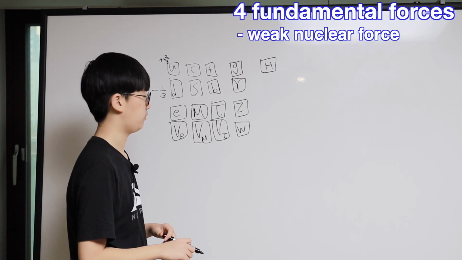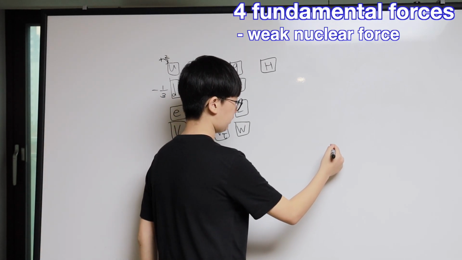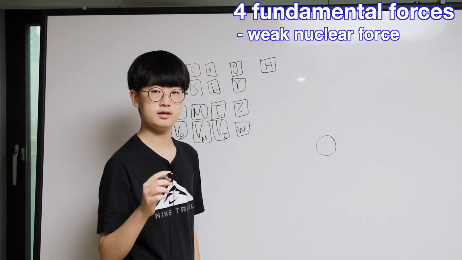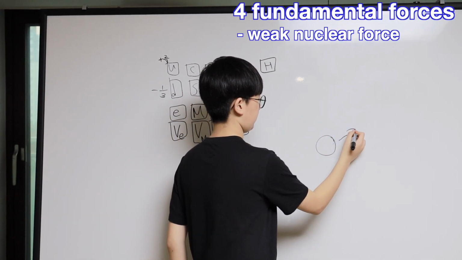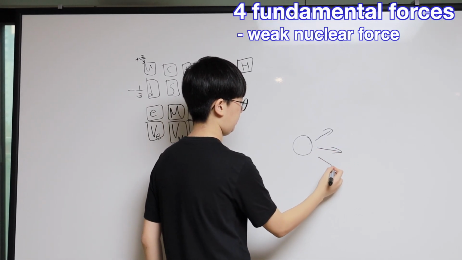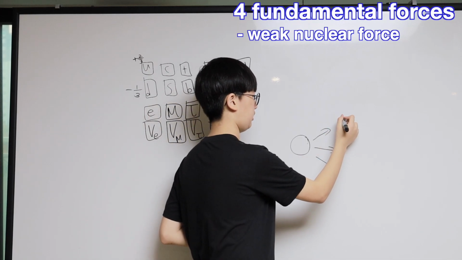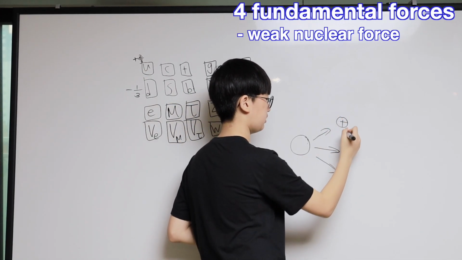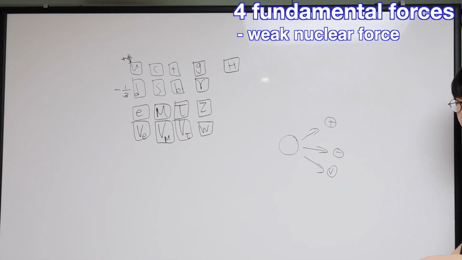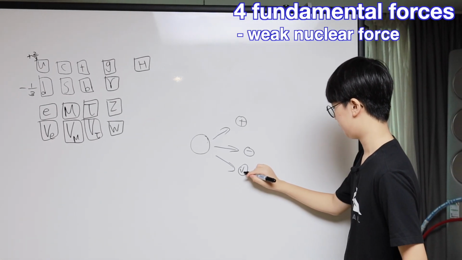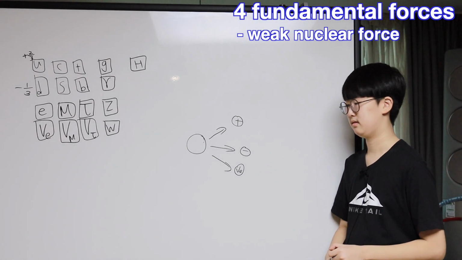And what beta decay is, basically we have a neutron here, and the neutron can be split into 3 things, which are a proton, an electron, and an electron neutrino. That's basically what beta decay is.